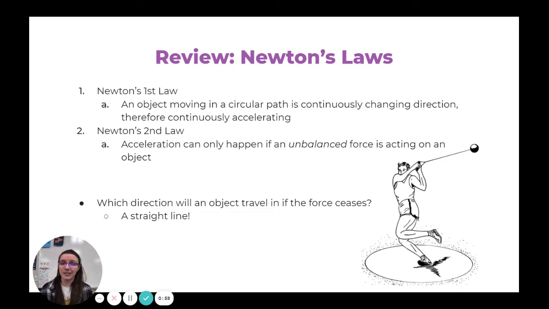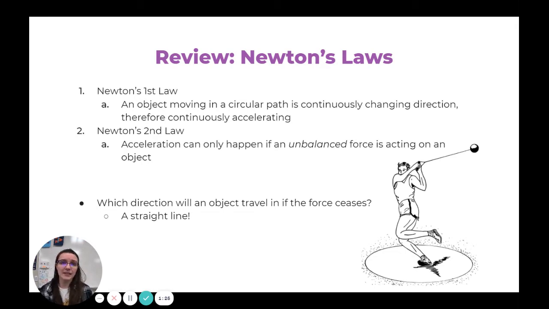And since acceleration is change in velocity, I've always got a non-zero acceleration. Now, Newton's second law says if I have a non-zero acceleration, that means there's an unbalanced force. So whenever I've got something moving in a circular path that is constantly changing direction, therefore constantly accelerating, there is going to constantly be an unbalanced force acting on that object.